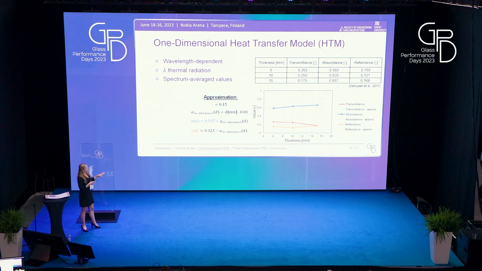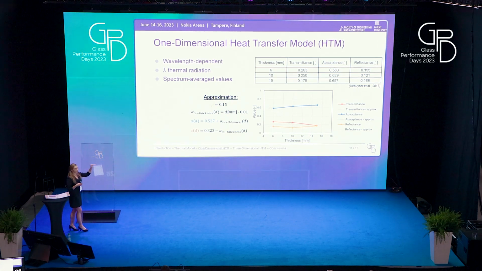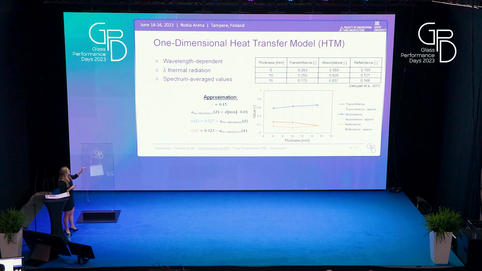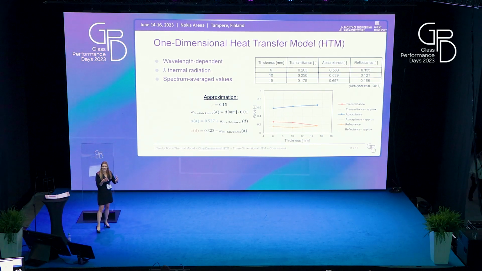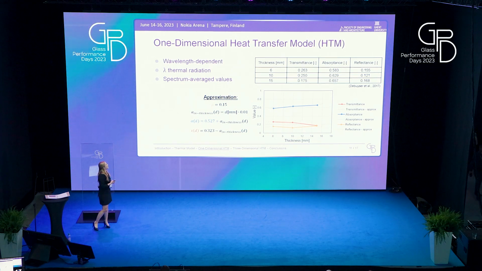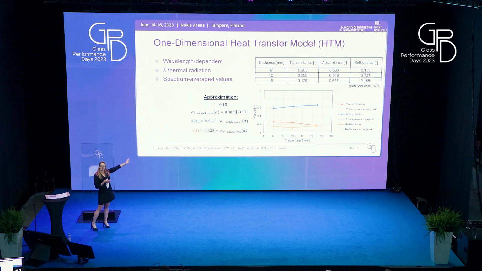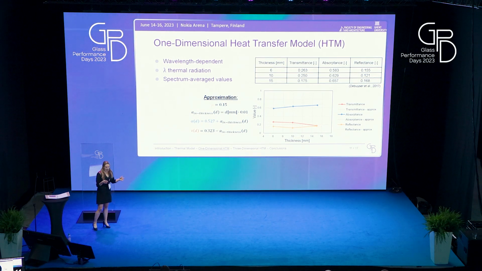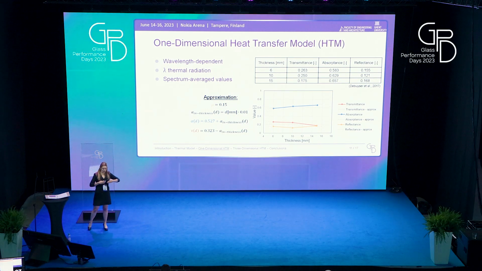So what we did for our numerical model is we made an approximation on this data. We kept the reflection constant at 15%. Then we made use of a new term. We call it in-thickness absorption. It's something very difficult to measure, so we just made a first approximation over there. We just assumed 1% of absorption for every millimeter that you're crossing.